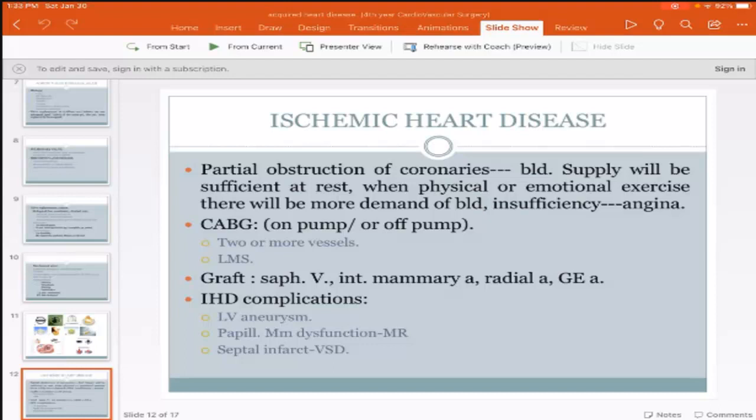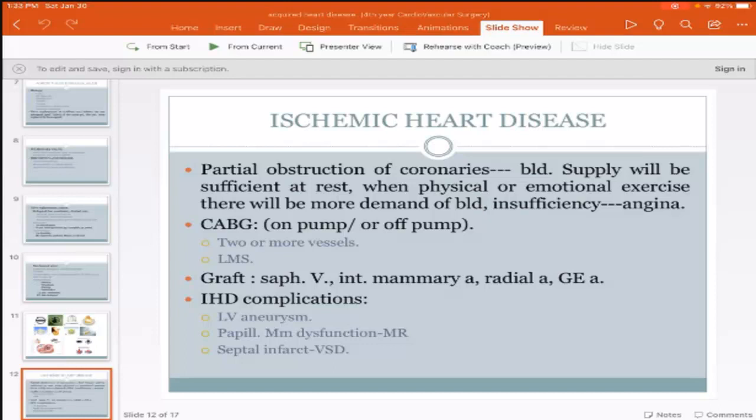This type of myxoma is either sessile or pedunculated. Sessile, they have no pedicle, or pedunculated have a stump, and this either involves the septum or is not penetrating the septum so deeply, either superficially embedded in the septum or deeply embedded in the septum.